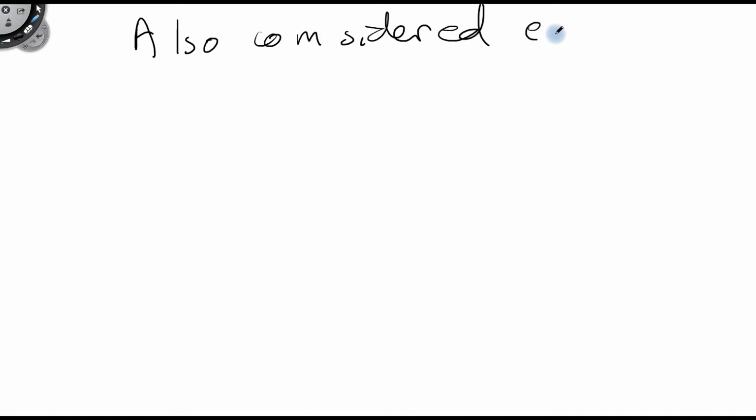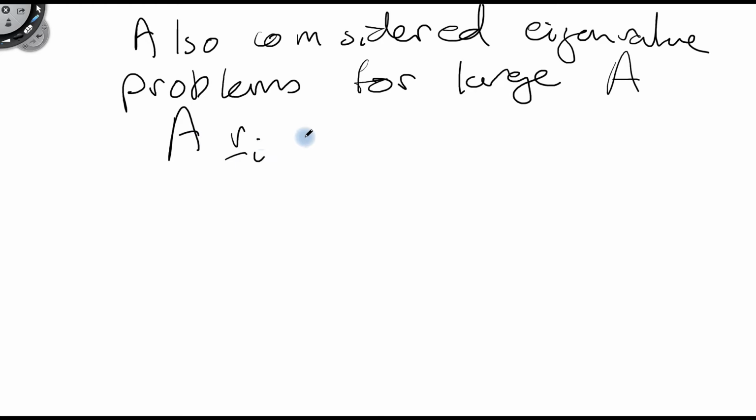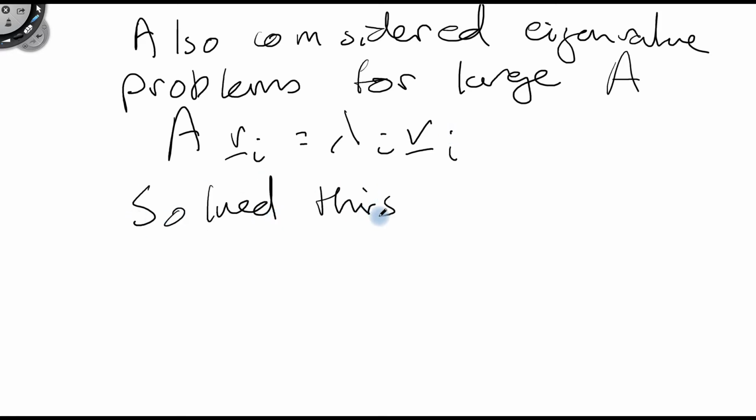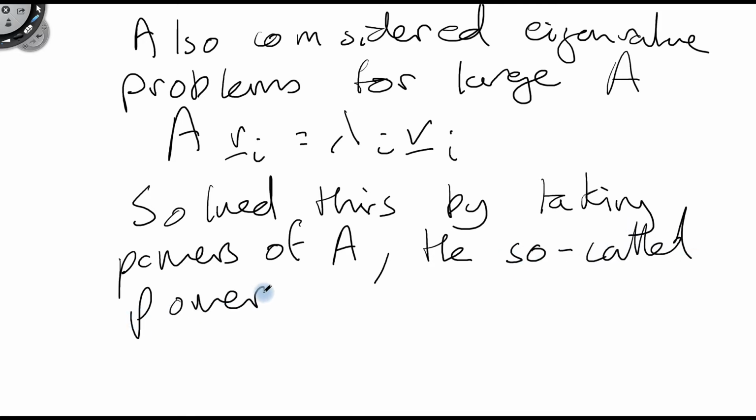Then finally, for a shorter bit, we also considered eigenvalue problems for large A. In that case, A vi equals lambda i vi is the equation we're interested in, and we solve this by taking powers of A, or repeated multiplication through by A. That's why I call it the so-called power method.